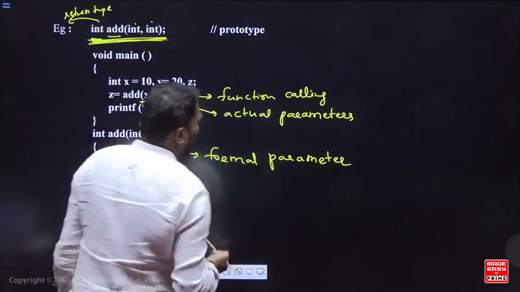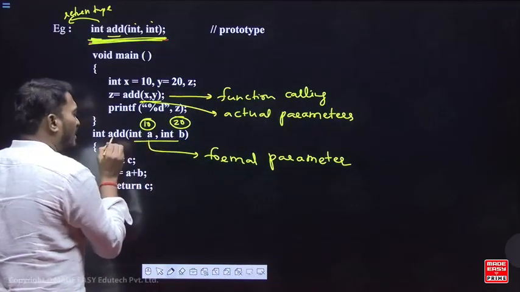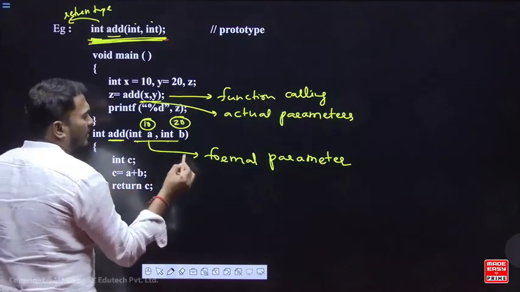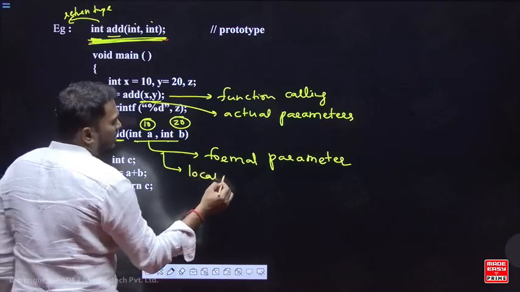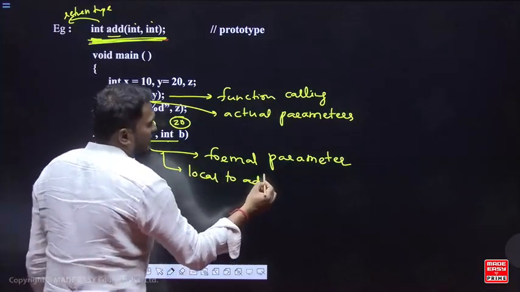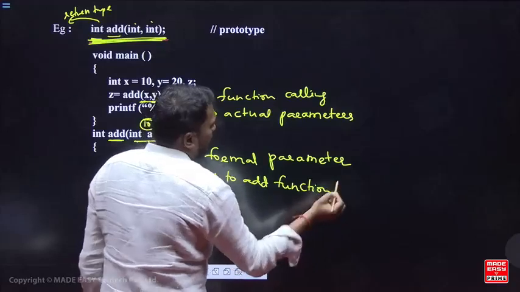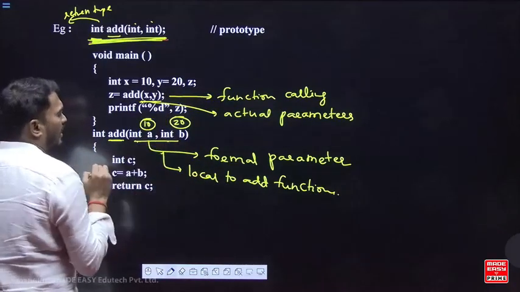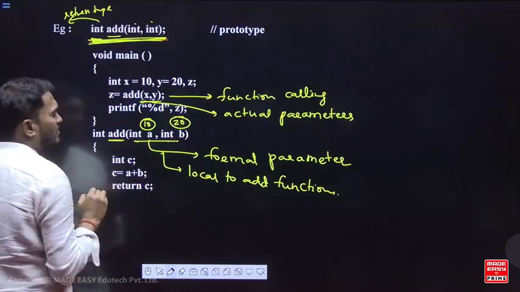These are called as formal parameters, and remember, these are the local variables in the add function. Local to add function. Is that clear? So integer a comma b are local to add function. A value received as 10 and b value received as 20.